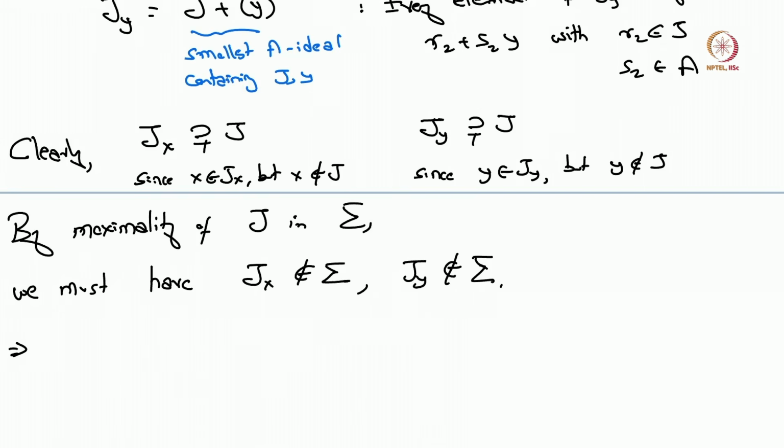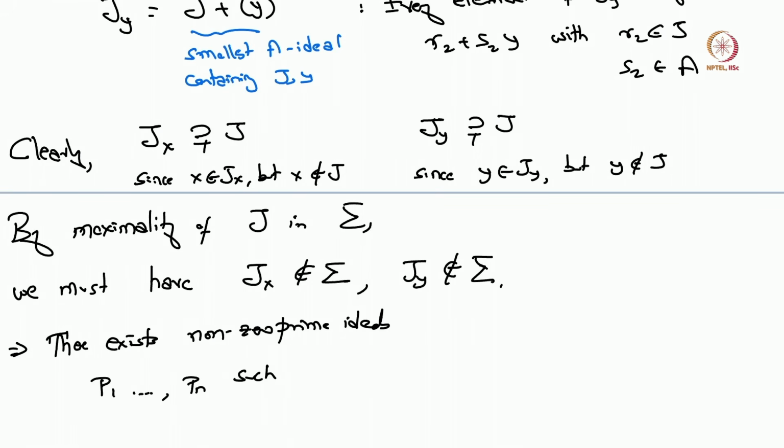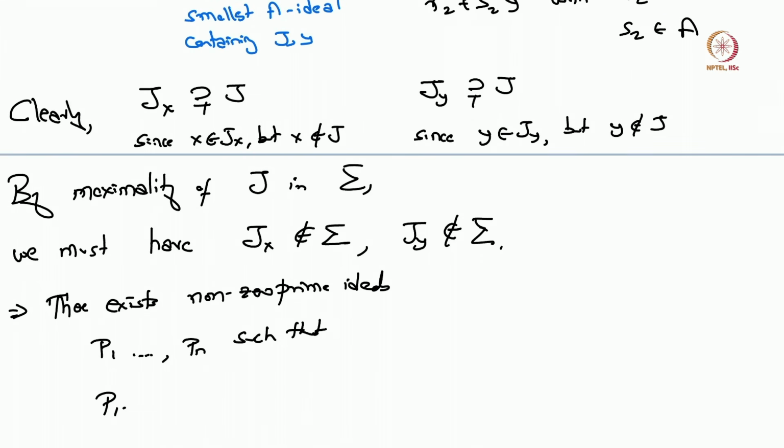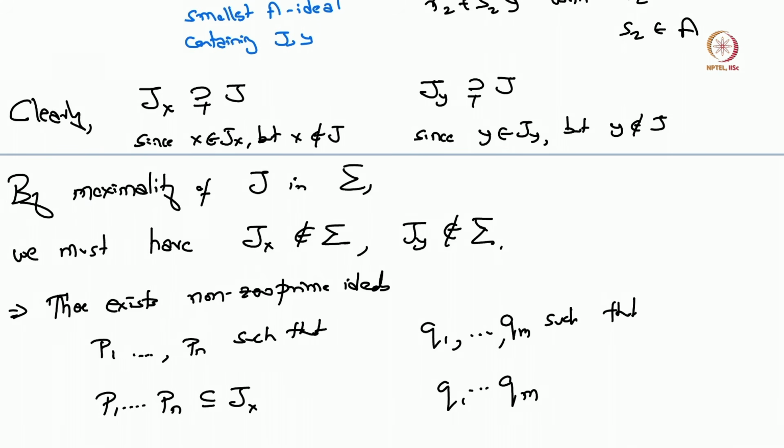So this means that there exist non-zero prime ideals, say P1 up to Pn, such that the product P1 up to Pn is contained in Jx, and similarly Q1 up to say Qm, the product Q1 up to Qm sits inside Jy.